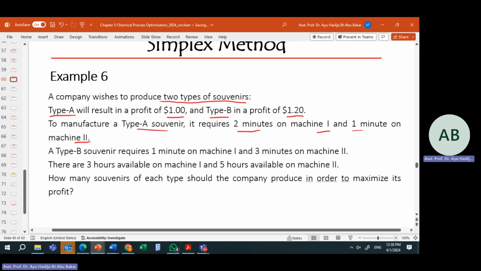So you have 2 machines over here. Type B requires 1 minute on machine 1 and 3 minutes on machine 2. There are 3 hours available on machine 1 and 5 hours available on machine 2.